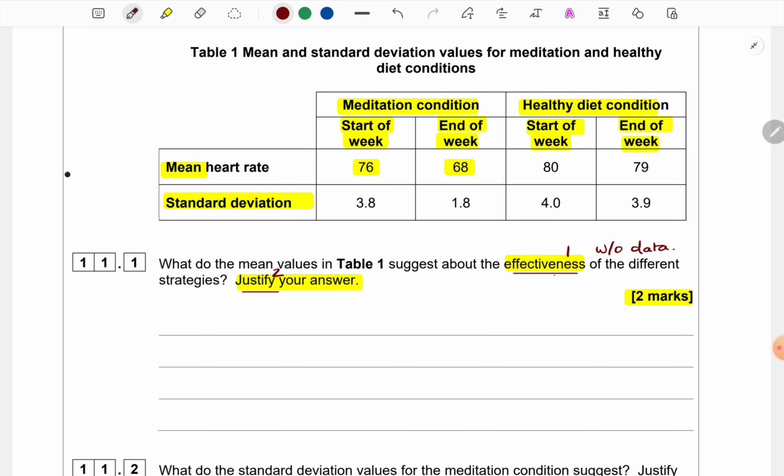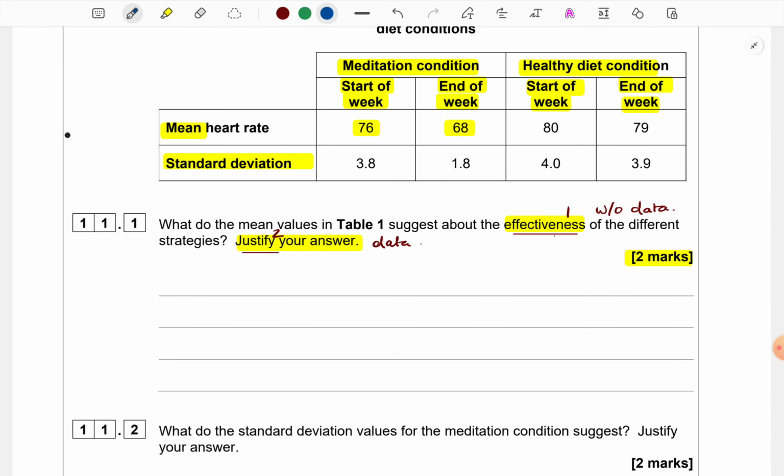But when we have to justify, then we have to give numbers, because we're answering on the basis of what he has made the inference. So he's made the inference on the basis of the data or the numbers. So the first point will be an inference or a conclusion, and the second part will highlight those results which have led to that conclusion. Okay, so I'm writing a sample answer for this one.